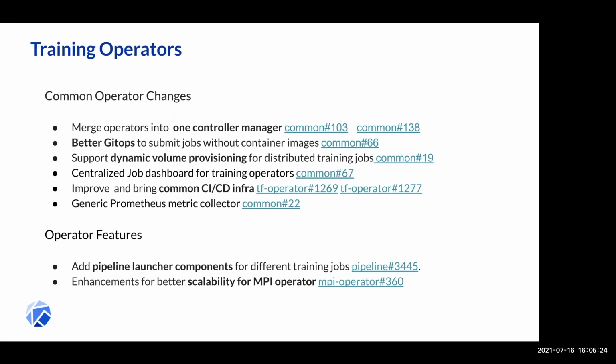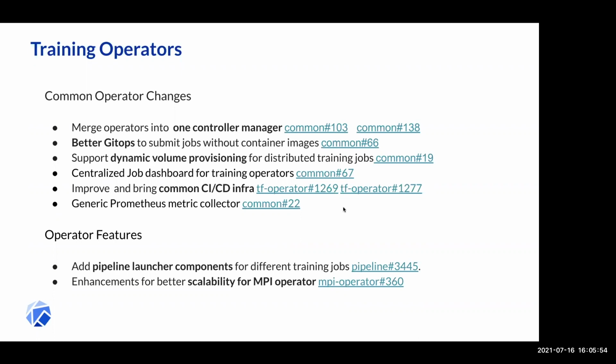Then we need a generic Prometheus metric collector. Right now, each training operator has its own metric collection. All this would help in keeping common, maintainable code rather than going and fixing the same issue in multiple repositories.